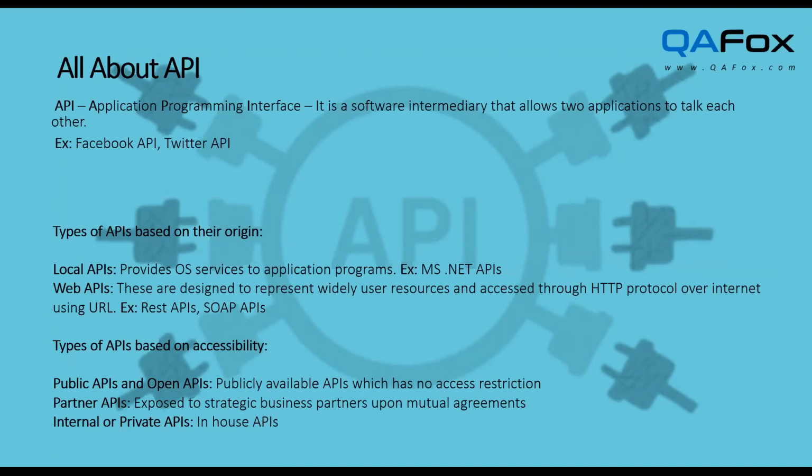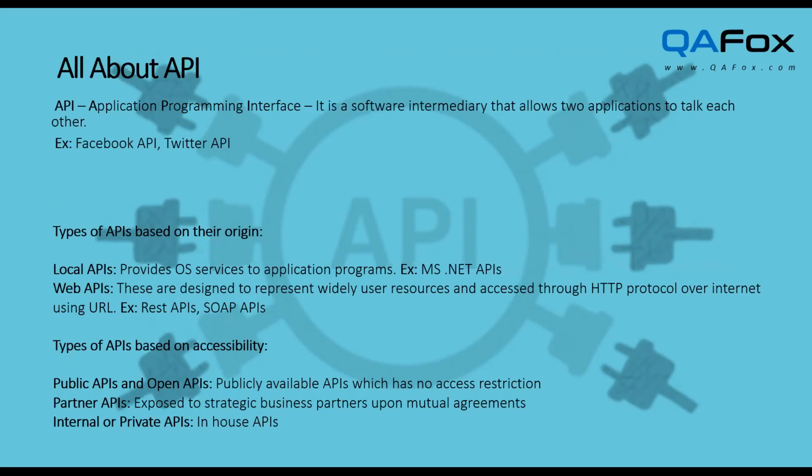Google Maps exposed that particular API to be used by this website. The website integrates with the Google APIs and exposes that particular location using their APIs into their official website. People may have seen this kind of thing in many public websites.